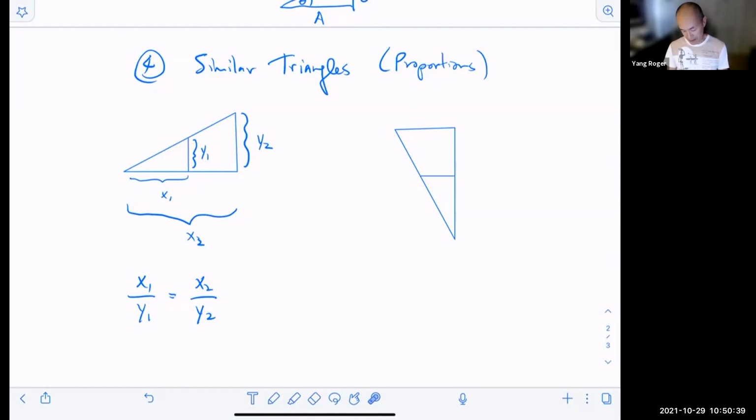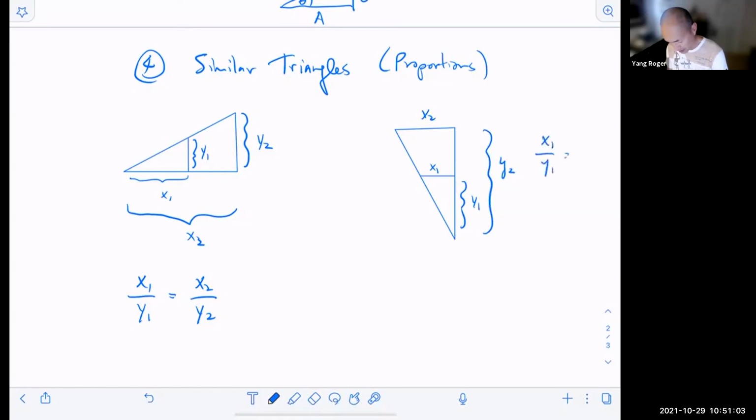So I can do the same thing vertically over here. How you label things is up to you. My tendency is to label horizontal things with X and vertical things with Y. So I could go X1 and then Y1 like this. I could go X2 and then Y2 like this. We still have the same relationship, right? X1 over Y1 is going to be equal to X2 over Y2.